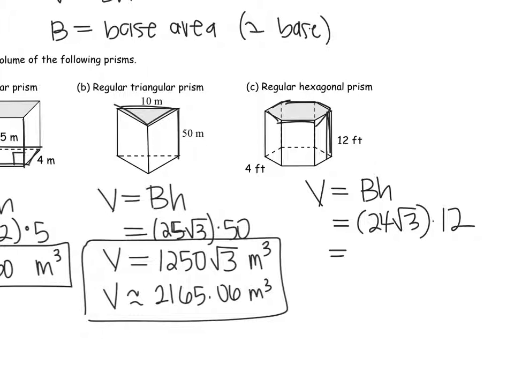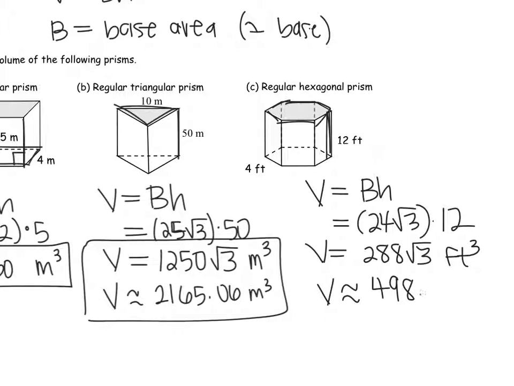So when we do 24 times 12, we get 288 square root 3 for our volume, and then our units, feet cubed. So when we find the approximate decimal, we get the volume is 498.83 feet cubed.